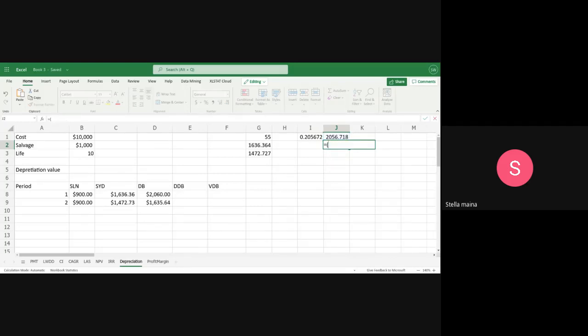And then we multiply by I1. Like that. Yes, we get 163.7. So that is how we calculate the declining balance manually, but now with Excel it's just direct.